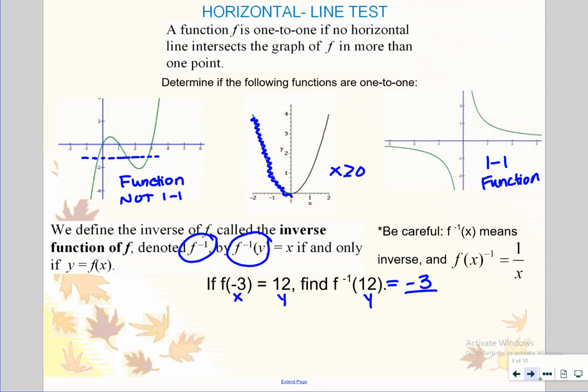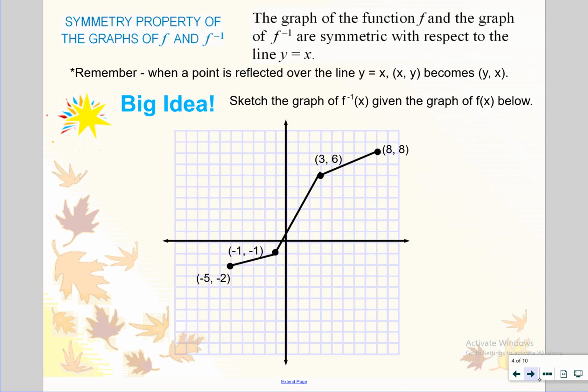All right. Let's say we want to graph an inverse. It is literally as easy as taking your coordinates and flipping them. That's all you got to do. So if I have the point 8, 8, and I swap the x and y coordinates, where does it end up? 8, 8 switched is still 8, 8.